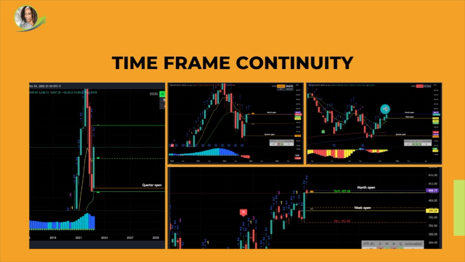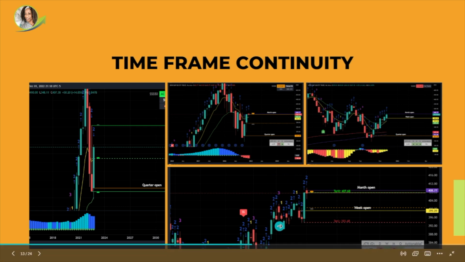But on the week, we're above where we opened on the week, meaning that we are still green. If we were to break below the 399 here, then we would have flipped the week red. I hope that makes sense on how it flips and how you can draw it out to see how to take the highest probability trades.